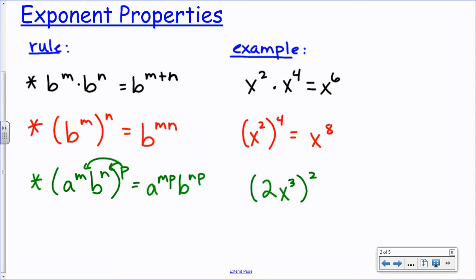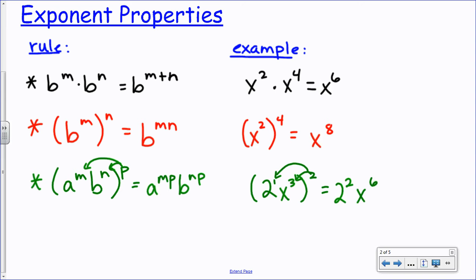So this 2 on the outside has to be distributed to the 2 and the x. What's the exponent here on 2 that you don't see? 1. Okay, so you're doing 1 times 2, so that's 2 squared. And then you're doing 3 times 2, so that's x to the 6th.